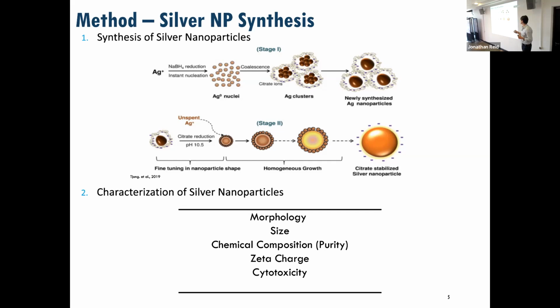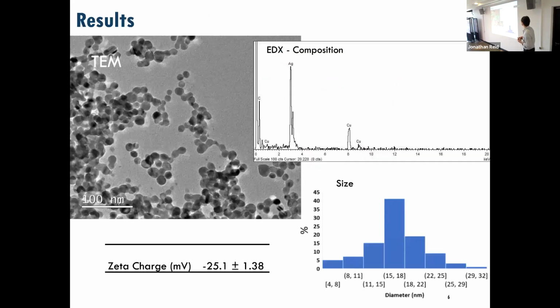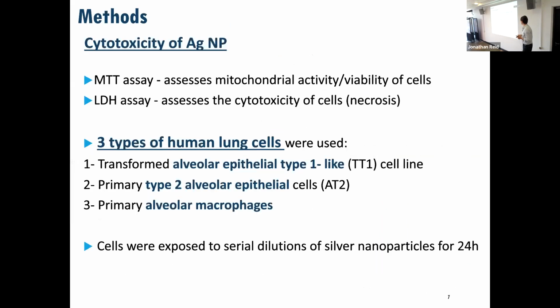Then I did several characterizations of morphology, size, and composition. The panel on the left for TEM shows tiny spherical particles, which are purely silver, thanks to the EDX experiment, with a mean size between 15 and 18 nanometers. The zeta potential, which is the surface charge, showed minus 25, which means very stable nanoparticles.